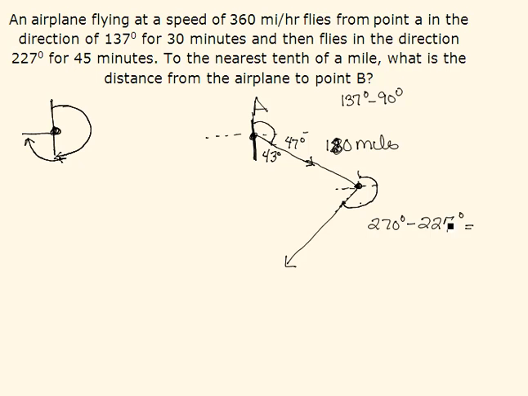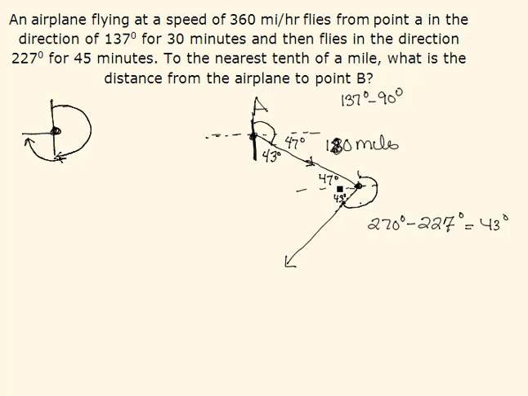I would need to add 3 to this to get to 230, and then 40 more, so this would be 43 degrees. We would also recognize that I've now created 2 parallel lines, and alternate interior angles are congruent. So that must be 47.